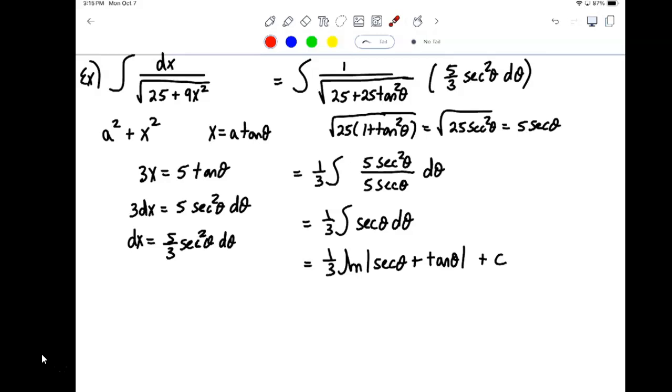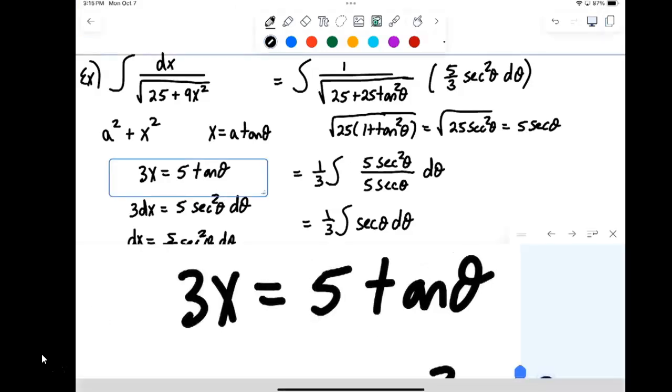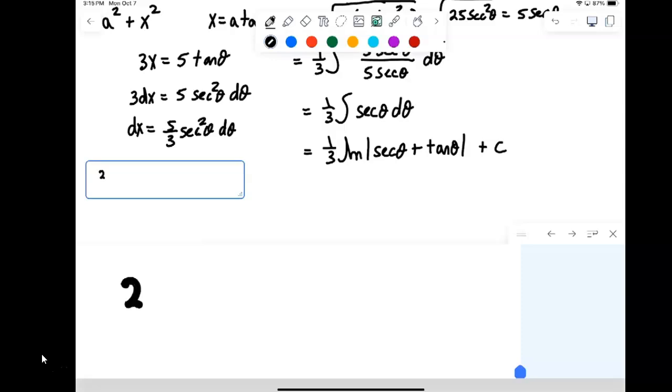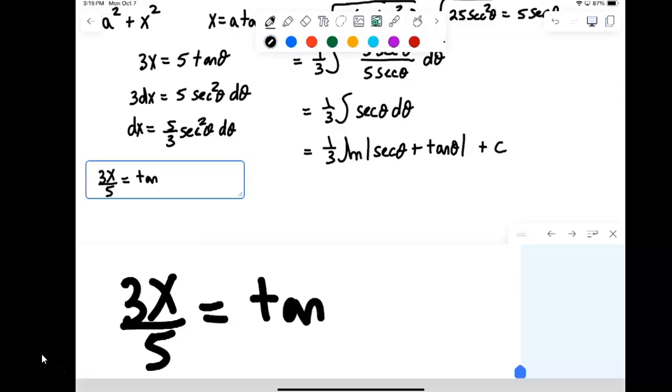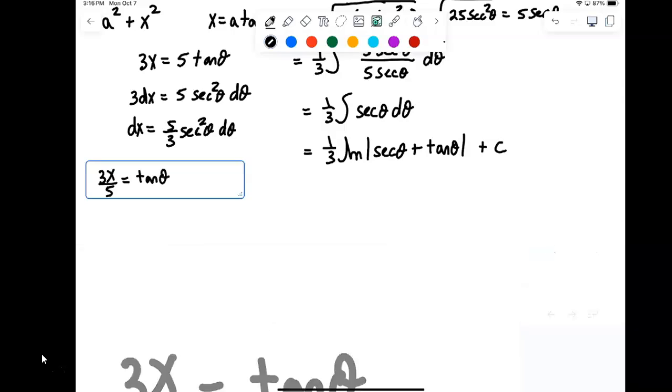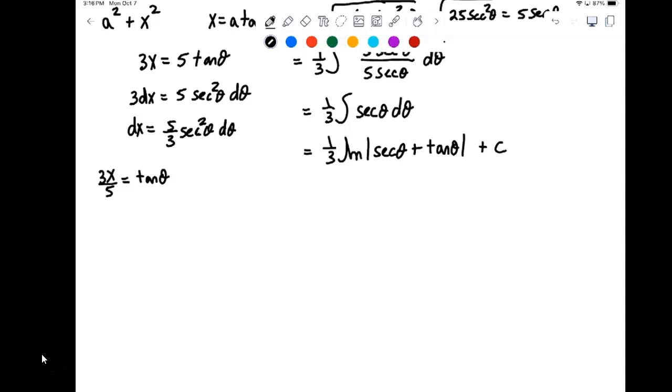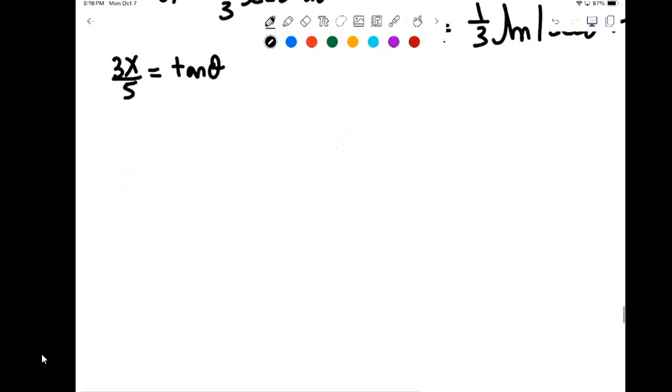Okay, at this point now we go back to this condition and try to compute secant and tangent. So we once again use the trig definition here. Let me rewrite this. 3x over 5 equals tangent theta. So we draw the picture. And again, tangent, as far as its inverse is concerned, is tied to the first or fourth quadrants. So when I draw the picture, I want to draw it in either the first or fourth quadrant.